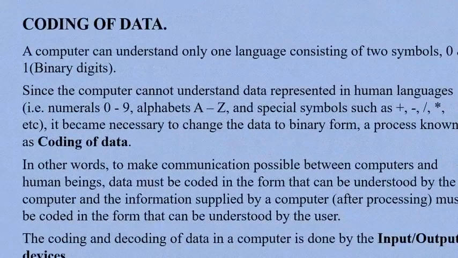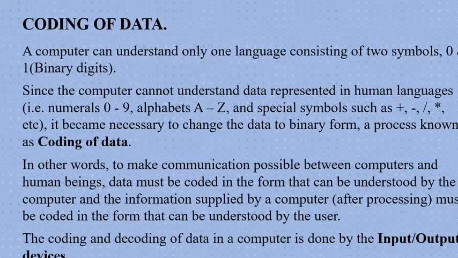Then we can look at coding of data. A computer can understand only one language consisting of 2 symbols, 1 and 0. That means for you to key in anything in the computer, it is converted into this one language of 1 and 0, that is binary digits.